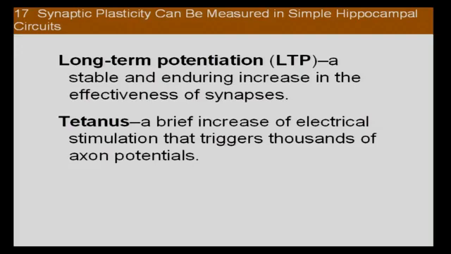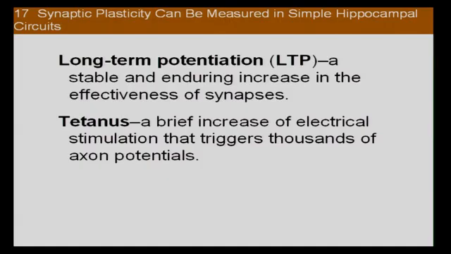And the phenomenon is known as long-term potentiation. Long-term potentiation, or LTP, is defined as a stable and enduring increase in the effectiveness of a synapse. Okay? So we talked about habituation, that is a decrease of synaptic efficacy. Here we're talking about LTP, which is a long-lasting increase in synaptic efficacy.